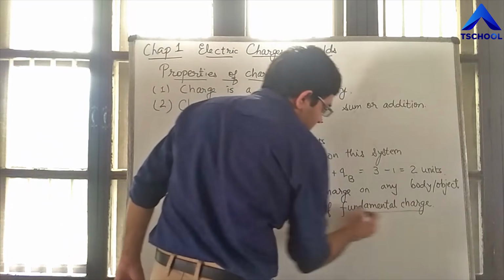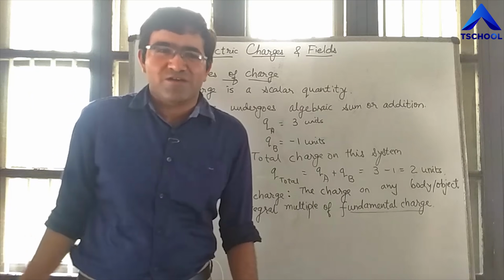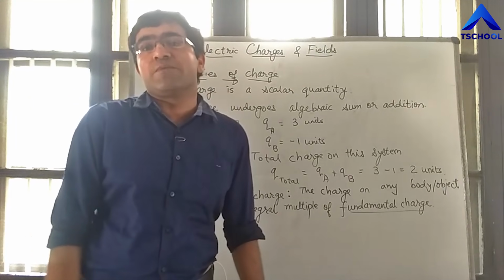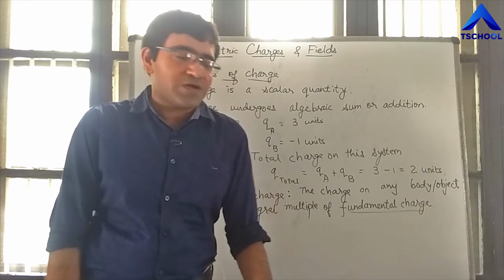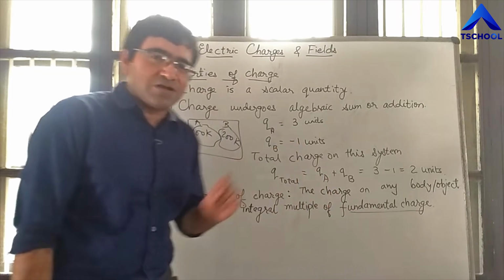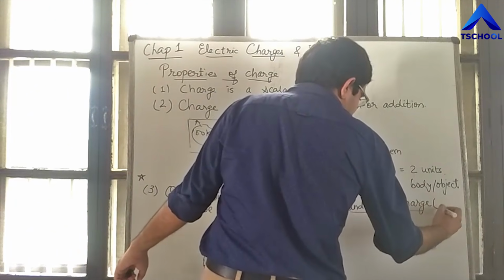Now what's this fundamental charge? For example, in the Maggi noodles packet case, one packet is fundamental. So you can have one packet or two or three or four. Just like that, here there is some fundamental charge. That fundamental charge is actually very well known.